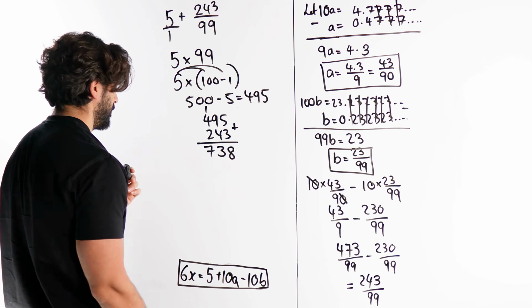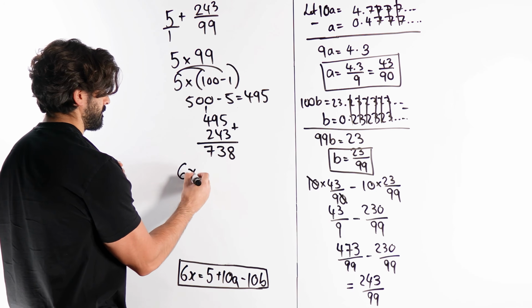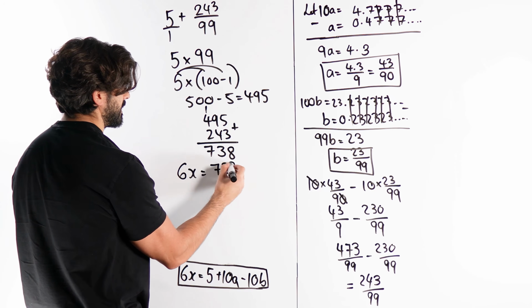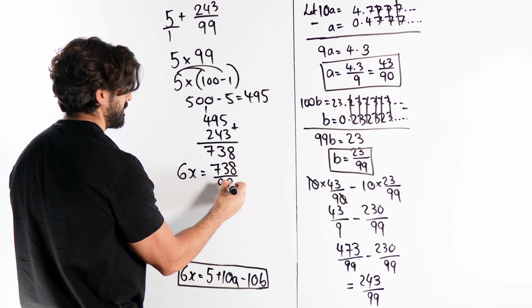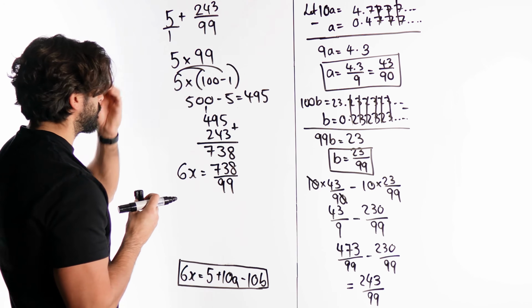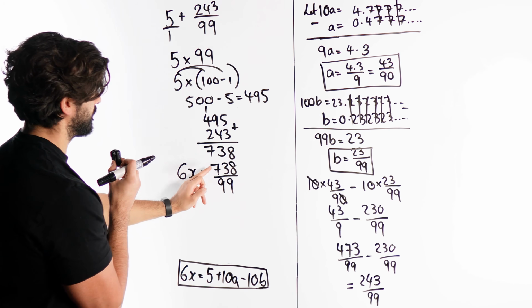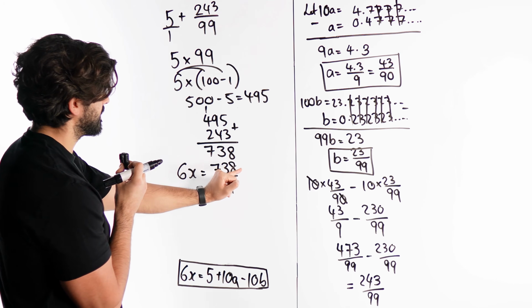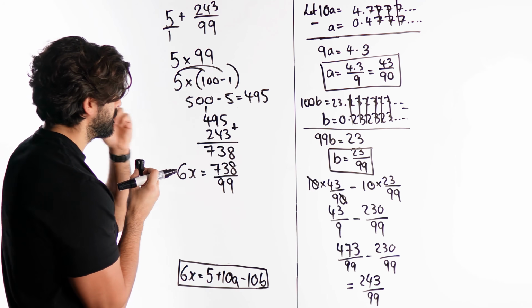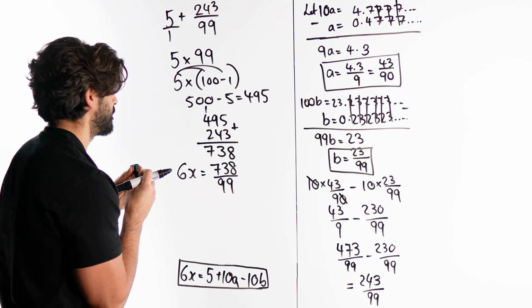So 738 over 99. So 6x is 738 over 99. I'm wondering if this simplifies, and it does, because if you add all the digits here, you get 18, which is divisible by 9. We can actually divide top and bottom by 9 here.